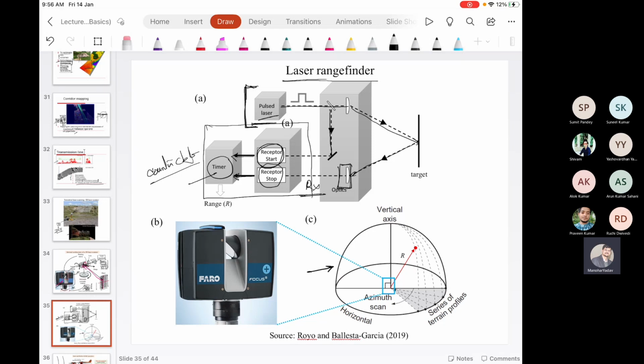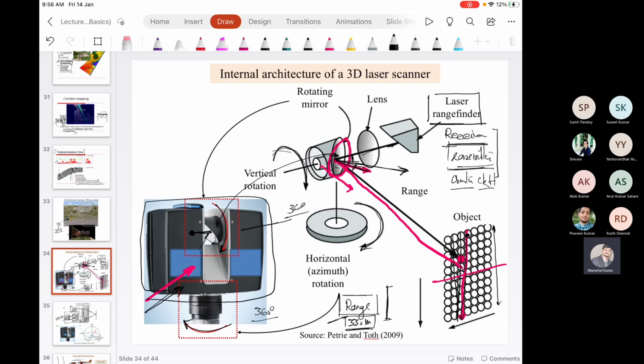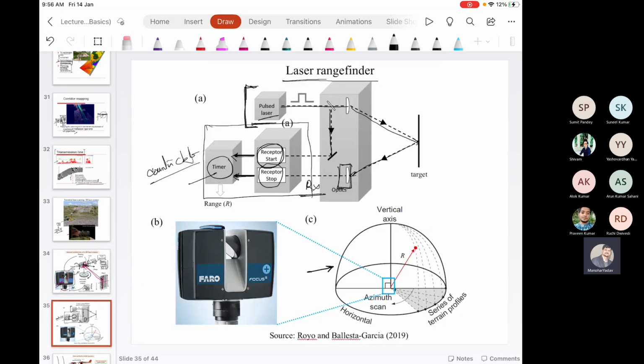And as I discussed in the previous case, in the vertical rotation, when the mirror rotates, this line is covered.